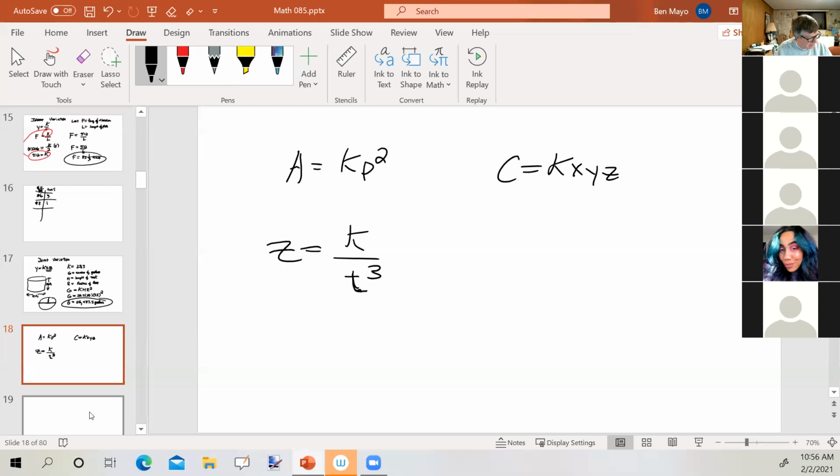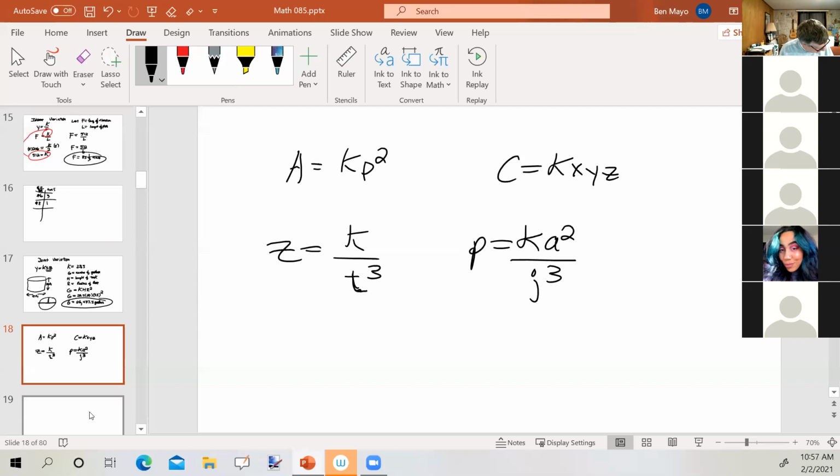Now, we're going to get a mixed variation problem. P varies directly as the square of A and inversely as the cube of J. So P equals K A squared over J cubed. So we've got direct variation and inverse variation in the same problem.